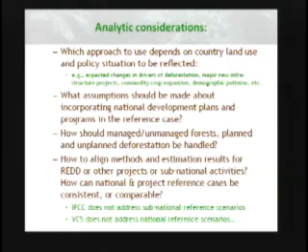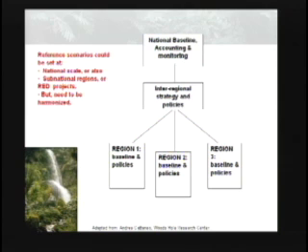And finally here, maybe making it a little bit more explicit, we're looking at the national reference scenario and all the accounting and monitoring that is included, but at the same time, we will have certain regions and areas and projects that have baselines and policies that are involved there.